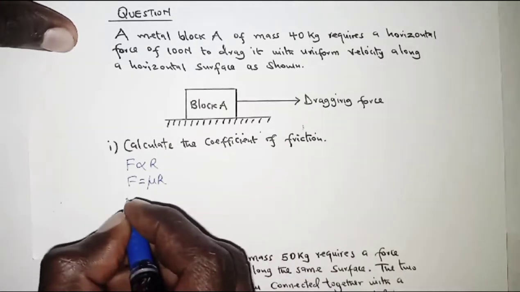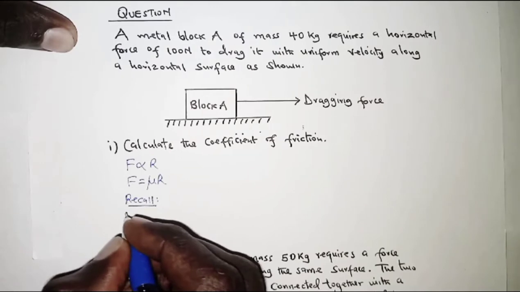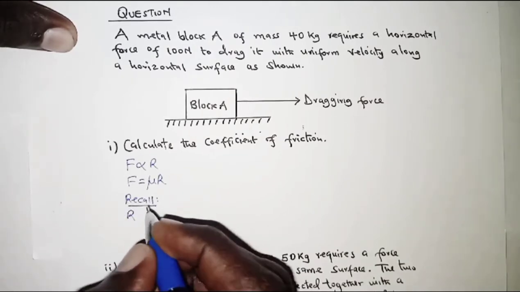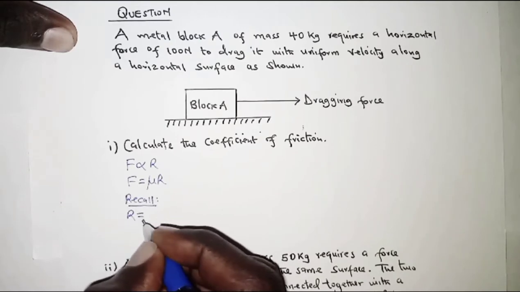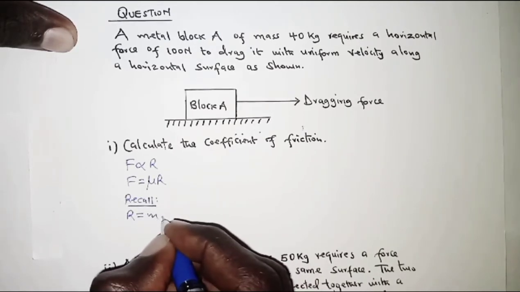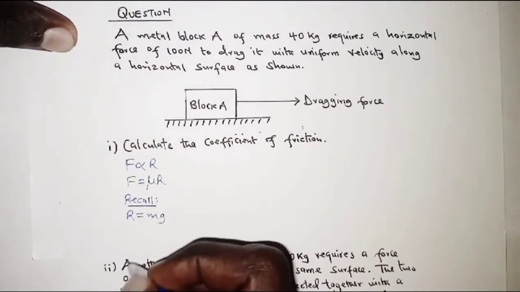Besides this, we also need to recall that action and reaction forces are equal, so the reaction force is equal to the weight of the block, which is given by mg, mass times gravitational acceleration.